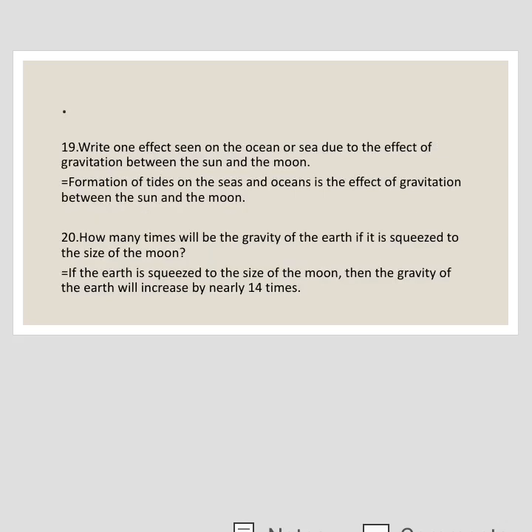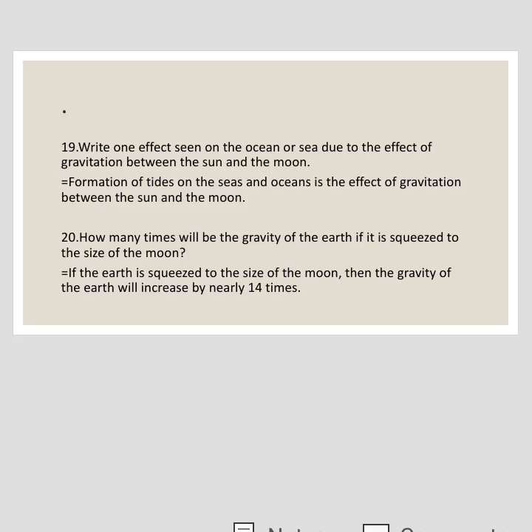And question number 19. Write one effect seen on the ocean or sea due to the effect of gravitation between the sun and the moon. So, formation of tides on the seas and oceans is the effect of gravitation between the sun and the moon. Here, one question gets raised: why aren't tides formed on the water of lakes?